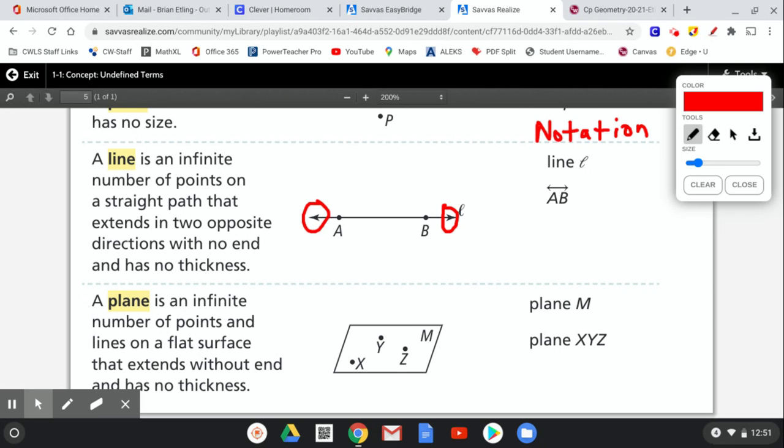We only use two points to name it. So when you are naming a line, you need exactly two points, and this is something you want to put in your notebook or jot down somewhere. Exactly two points to name a line.